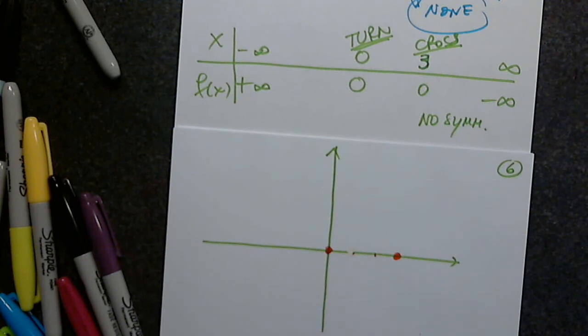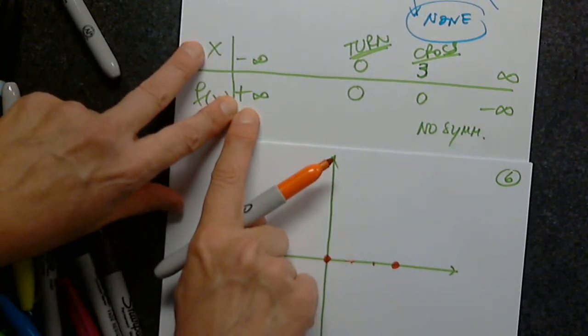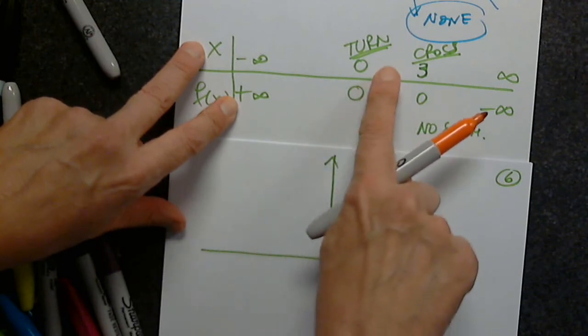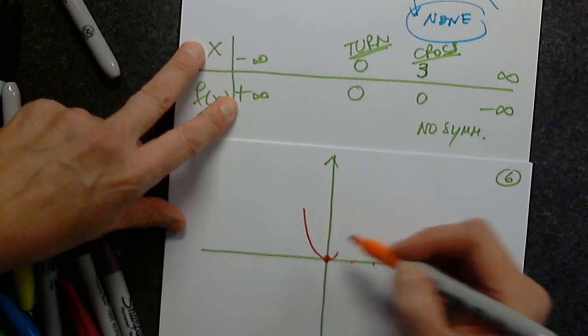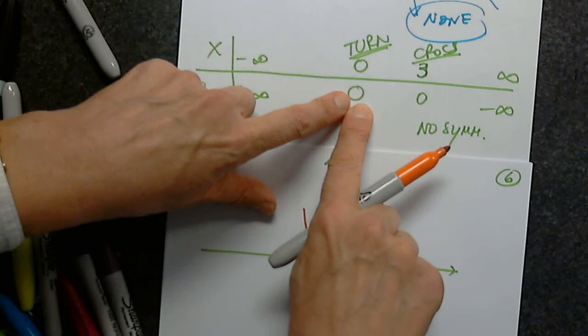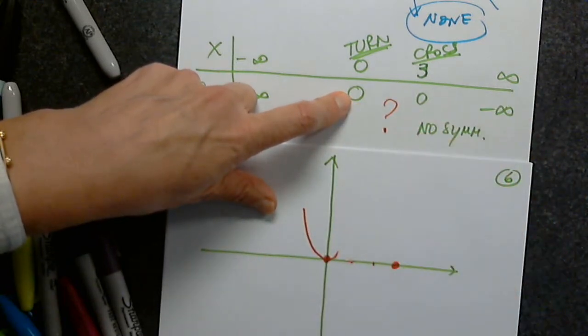So let's look at our table and make sense of the information we have. The function is coming from positive infinity, coming down to the origin where it turns, which is a regular turn, not a slow turn. Something must happen here because all these functions are continuous, smooth functions.